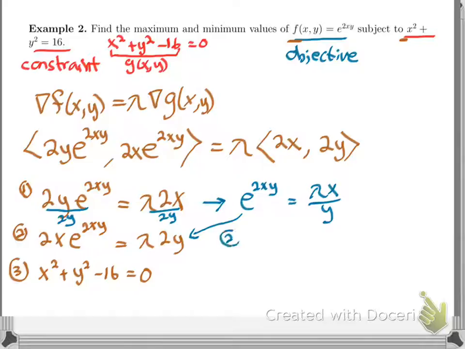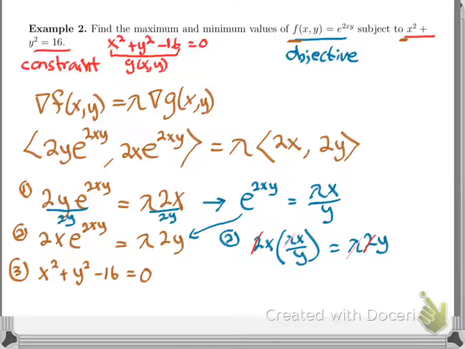So from my second equation, I get 2x times, and instead of e to the 2xy, I'm going to get lambda times x divided by y, equals lambda times 2y. Then we can start to simplify even further. If I divide both sides by 2, the 2 would cancel. I could also divide both sides by lambda, and so the lambda would cancel.